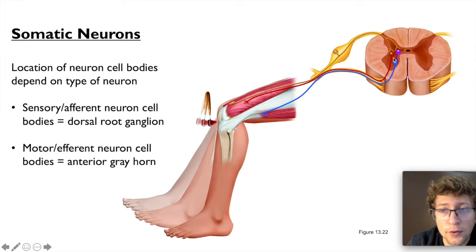These are motor cells. So the motor signal will leave through the ventral or anterior root. So this is just motor information at this point, no sensory information. That motor information goes through the anterior root into the spinal nerve and then out through the anterior ramus.